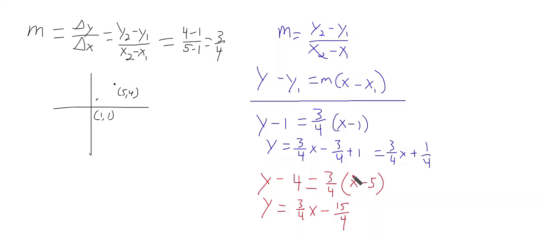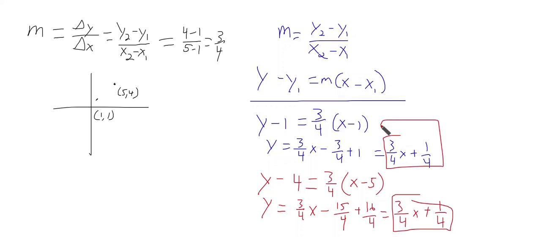And when I move this over, I get plus 4, but let's change that with the denominator 4. So 4 is the same thing as 16 over 4. So 16 over 4. And then this simplifies to 3/4 x plus 1/4. And notice that this and this are the same.